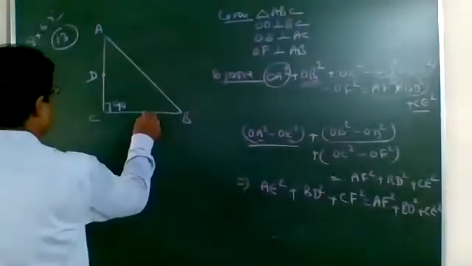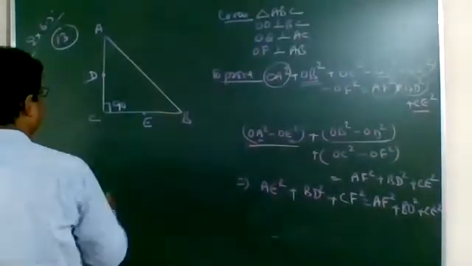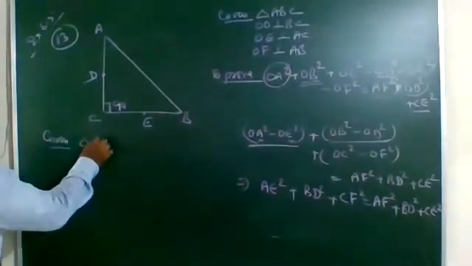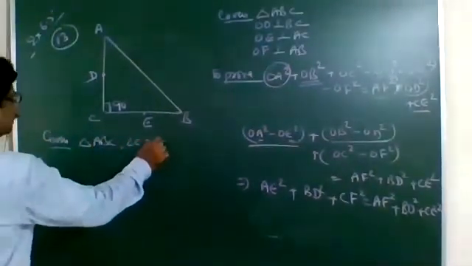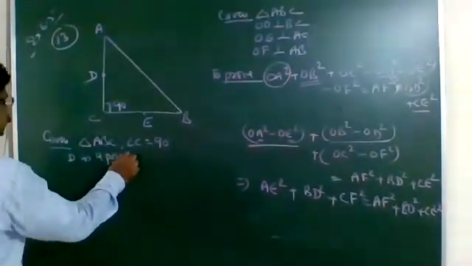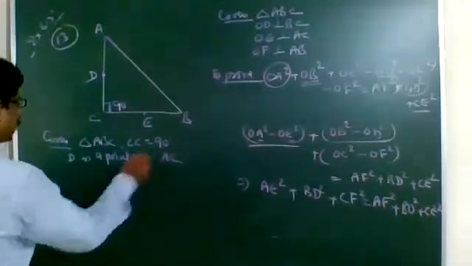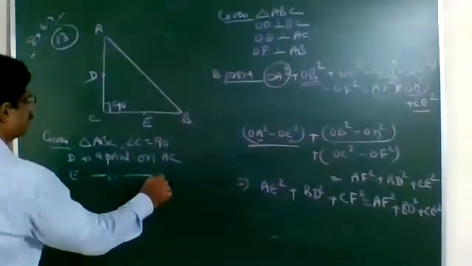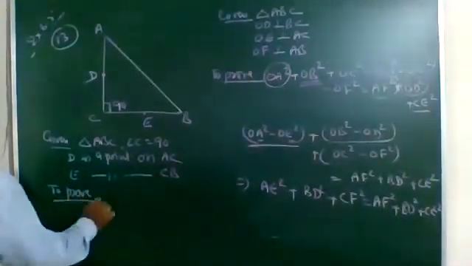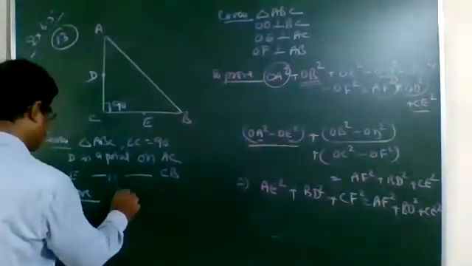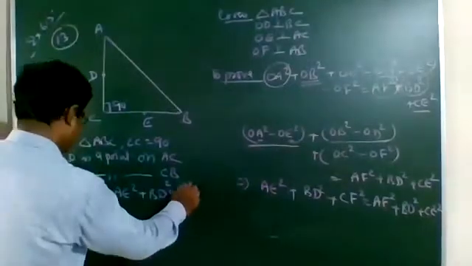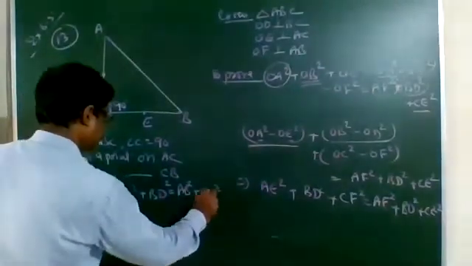Take any point E on CB. Whatever is given, we will write it. We got a triangle ABC and angle C was given as 90 degrees. D is a point on AC and E is a point on CB. Then we prove AE square plus BD square is equal to AB square plus DE square.